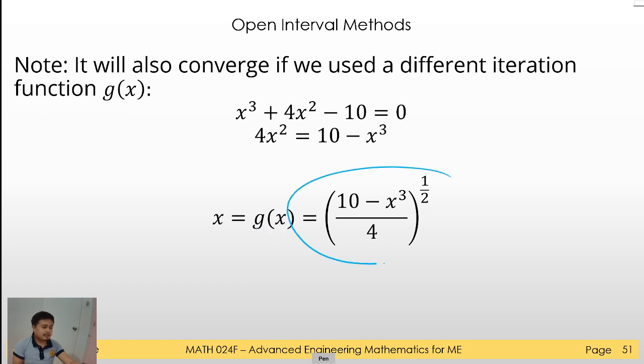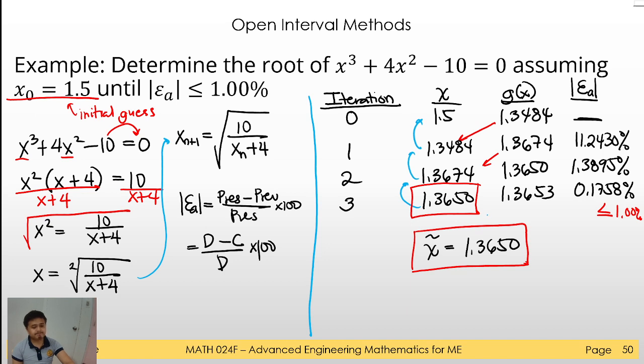And if you try doing this again, tabulate this iteration scheme, this x, this g of x, and this approximate error, you will still arrive at the same solution, or at least you can approximate the solution in a similar manner that we did. Although the time it will take to converge will be much slower. So this will take maybe at least 4 or 5 iterations more compared to our previous one.